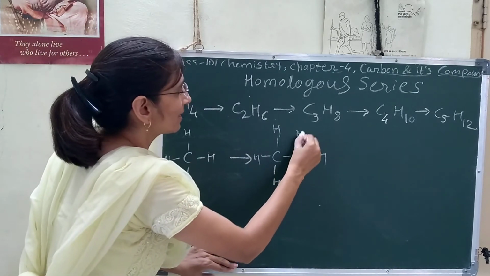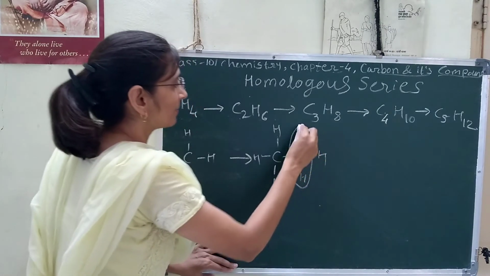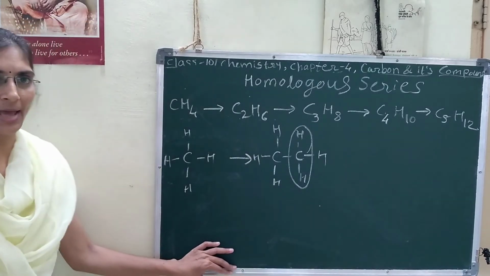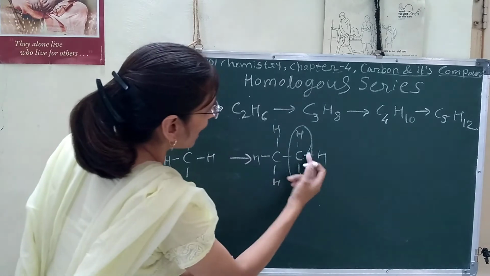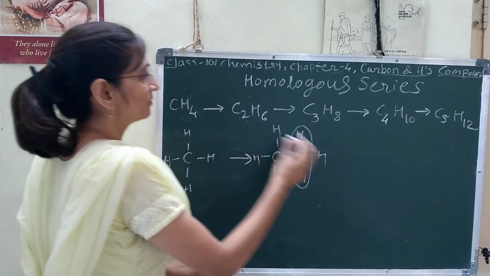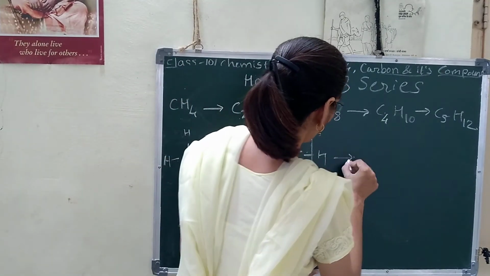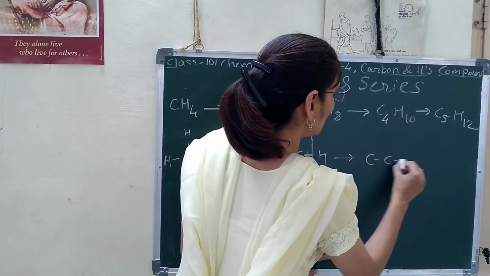Again you have to add here CH2. Means only one CH2 is added here for the second. Yes? Are you seeing? Here only CH4. Then I have added here CH2. Then ethane is formed. Again one CH2 I will add here.